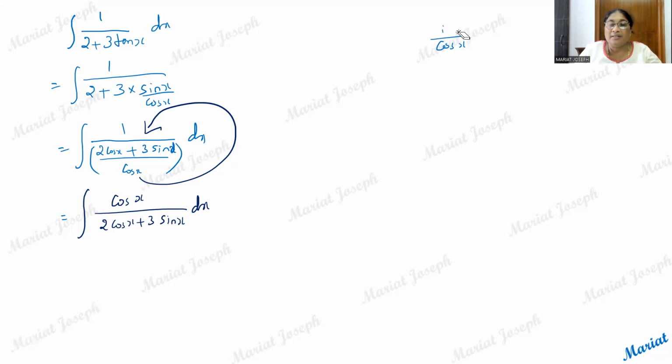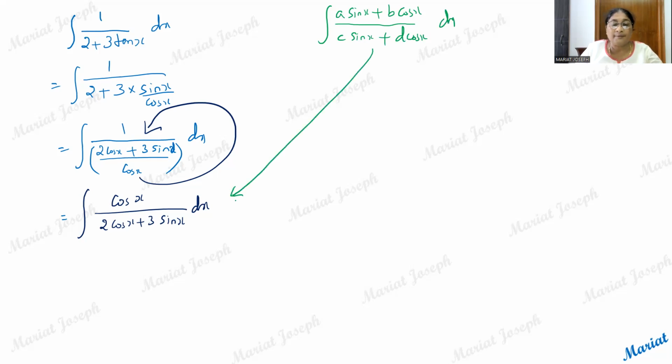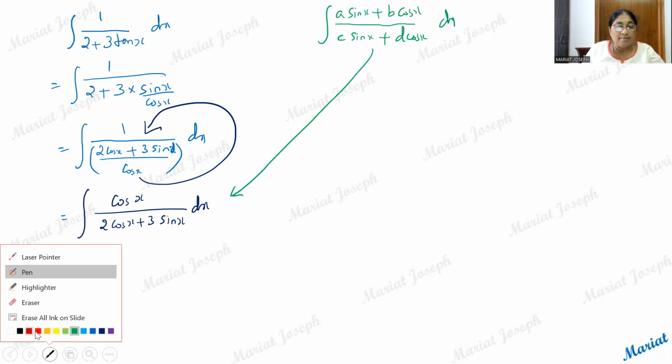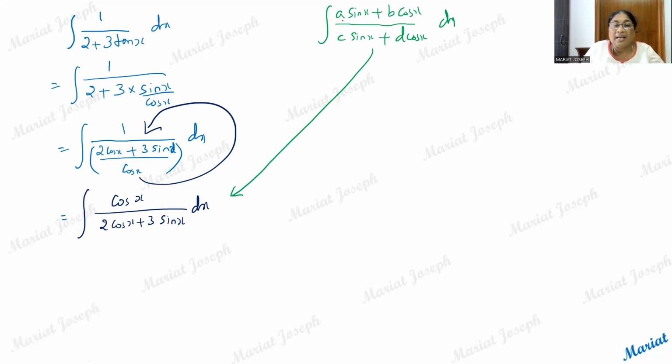Children, just now I told you a generalization. What was the generalization? If you get an integrand in the form a sin x plus b cos x upon c sin x plus d cos x. Is it applicable here? What is a, b, c, d if it is possible? A sin x is missing. So what is the value of a? 0.